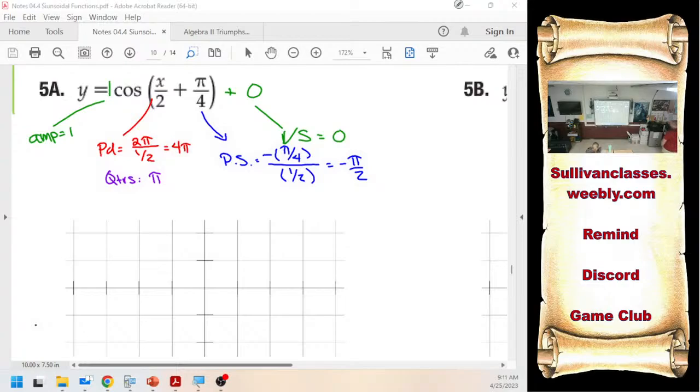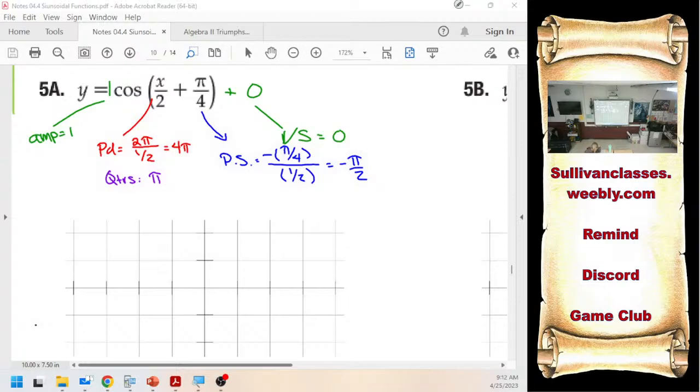Can you add pi to pi over 2? Yeah. I don't know why that wouldn't make sense, because if you go from negative 2 pi to... No, that doesn't make any sense.